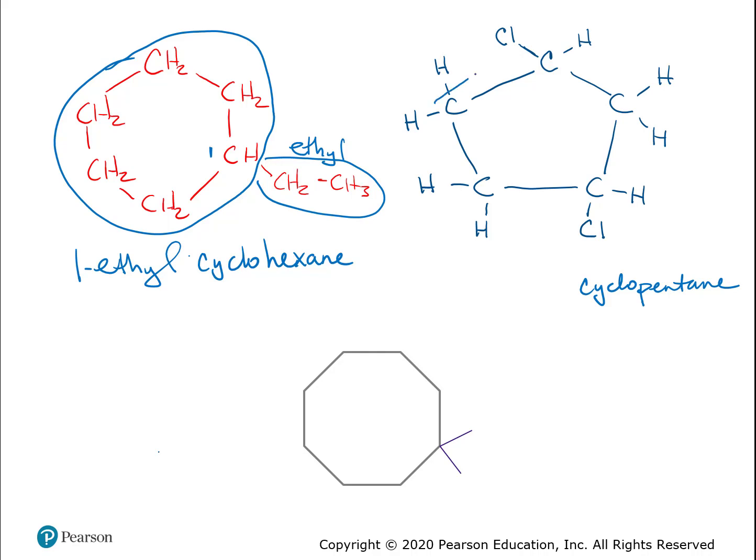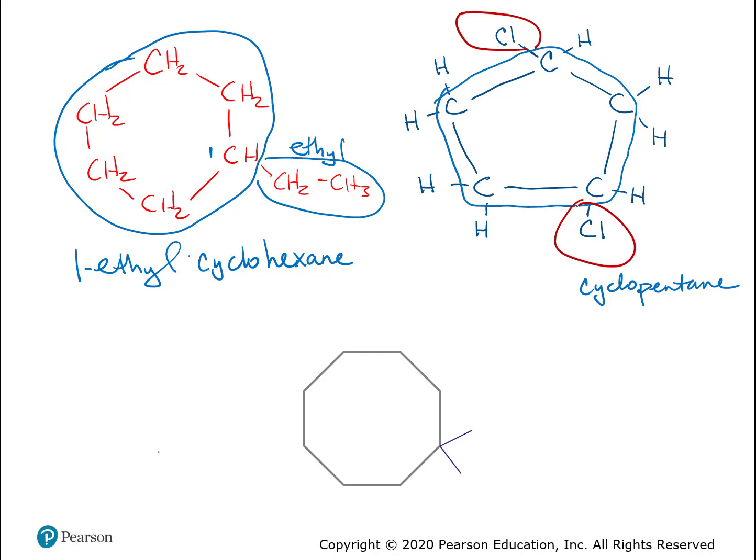Okay, so now I've taken care of this. By naming the ring of 5, I've taken care of all those carbons in the ring. So I just have to name anything that's hanging off of the ring that's not hydrogen. Do you see anything? Up at the top, and down at the bottom. Good. But see, all the others are hydrogen.